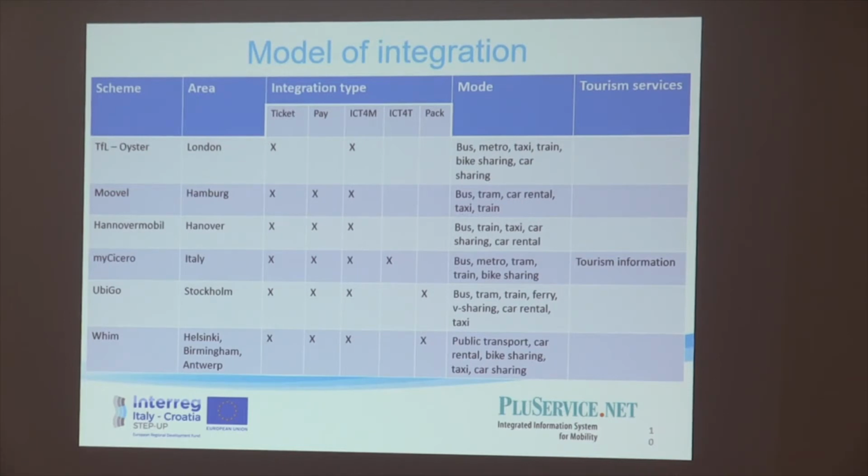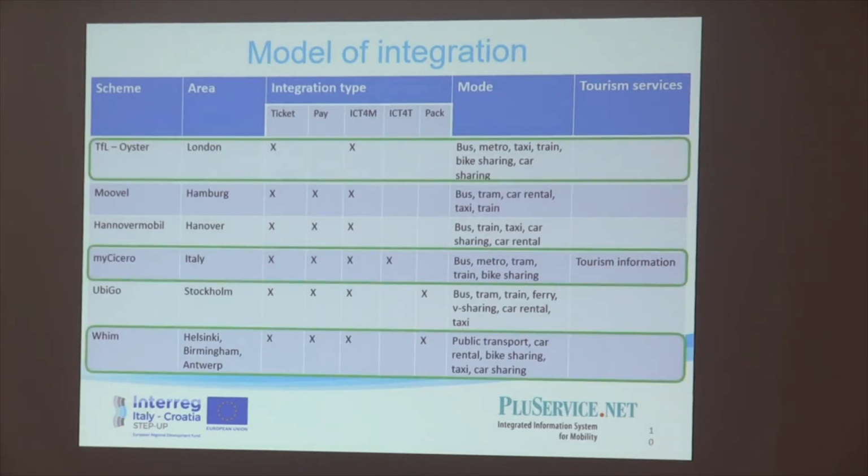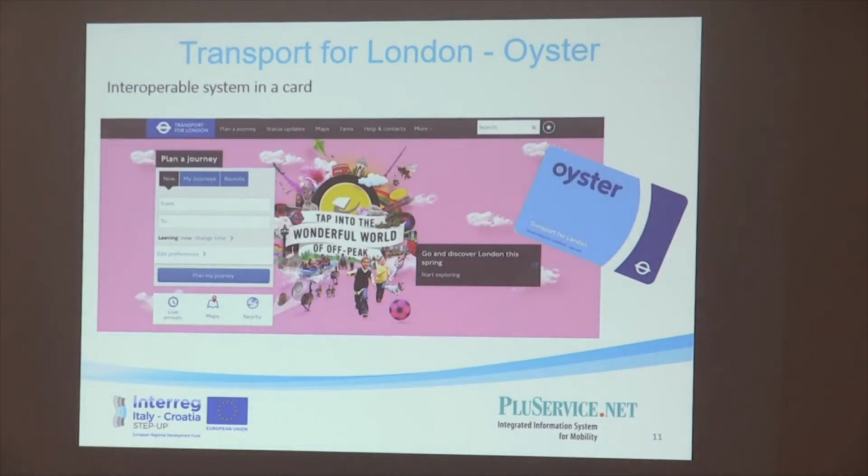ICT for tourism, with a single interface, it's possible to search tourism information. And mobility packages, so prepared packages that users can use to travel with different providers. We will see, very quickly, only 3 of these, that are the Oyster card of Transport for London.